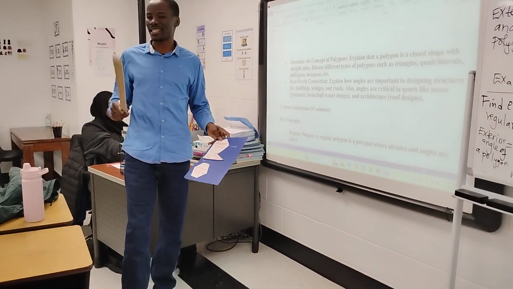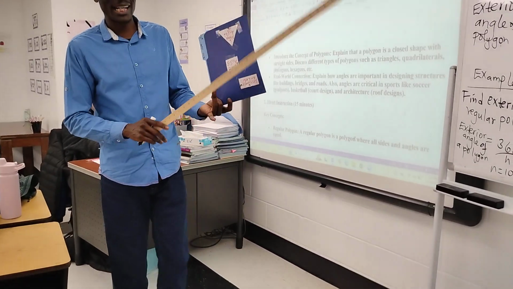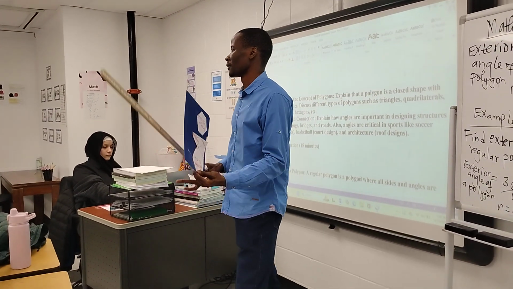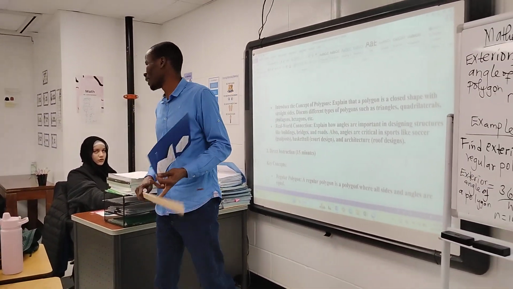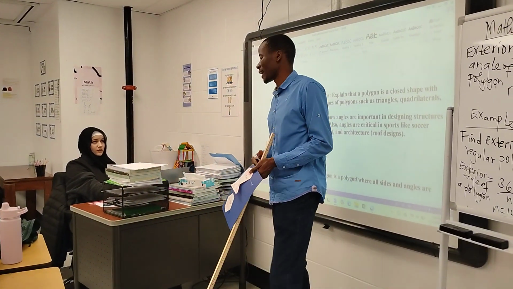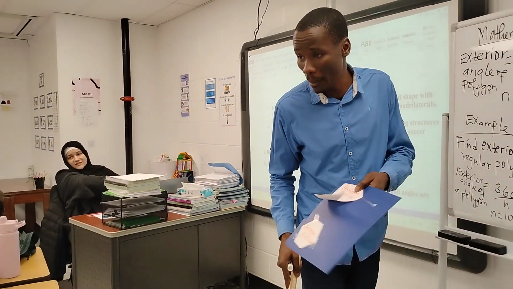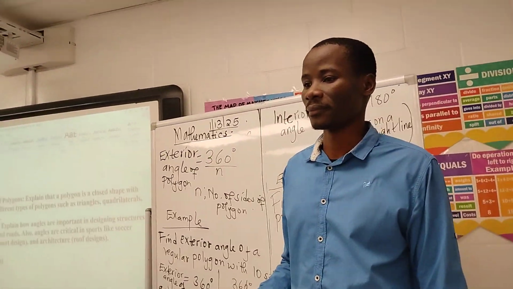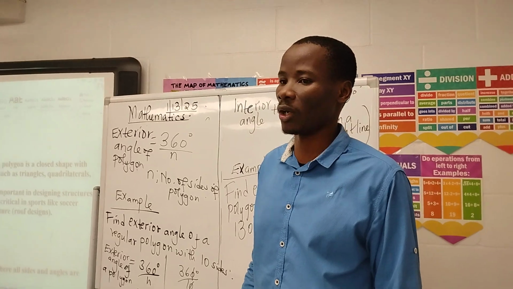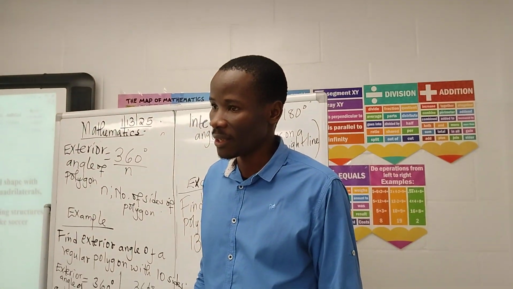And we've discussed examples of polygons, starting with a triangle, a rectangle, a square, a pentagon, a hexagon, a heptagon, a decagon, an octagon, a nonagon.